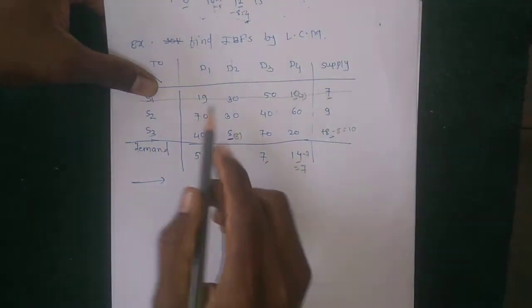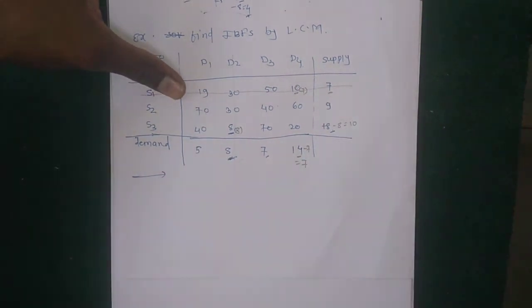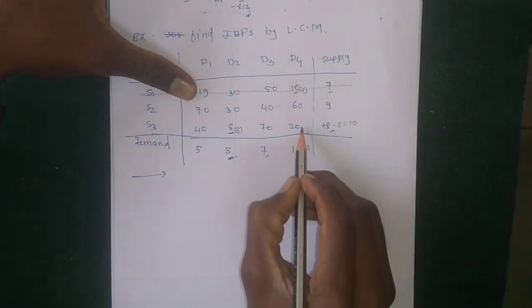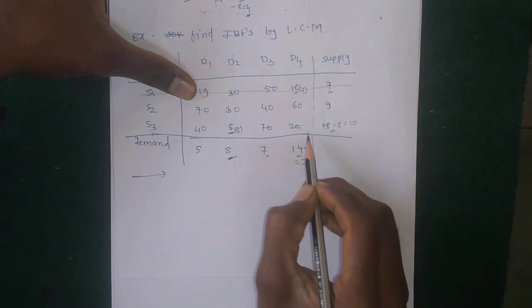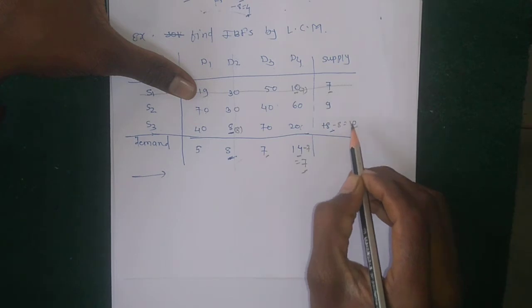Okay, so in this row select the minimum, which is 20. Okay, 20 is the minimum of this element, so this is 20 and remaining here 7 and 10.